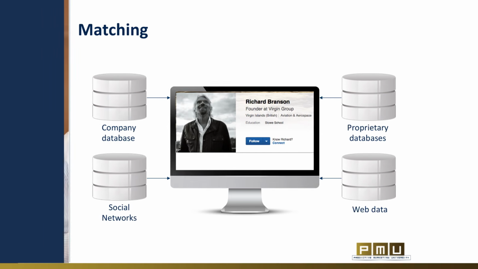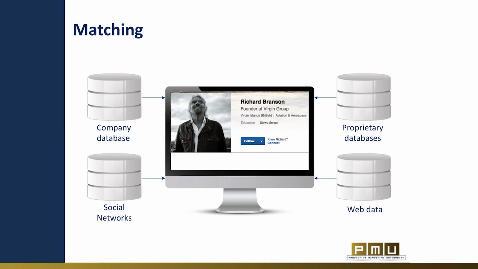Why is matching important? In the previous module, we described a large number of data sources. When data comes from different sources, you need to combine it all together. You need to understand that all the information that you found online relates to the same company or the same individual. In our example, we need to match all of the data that we find online on Richard Branson with his records in the company database.